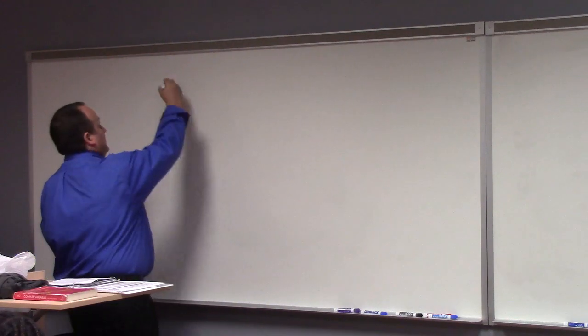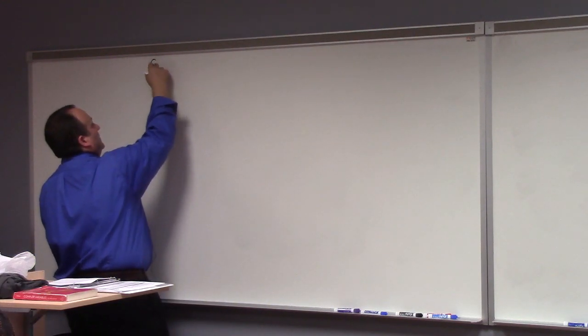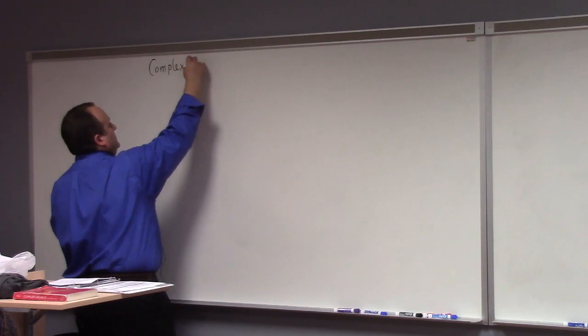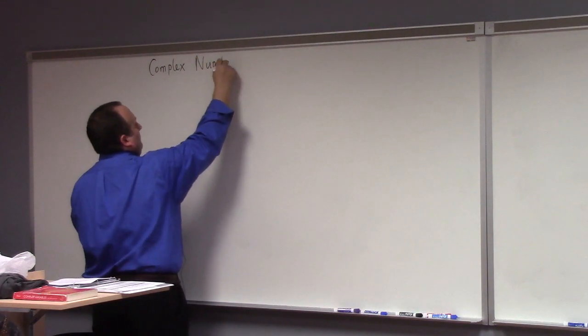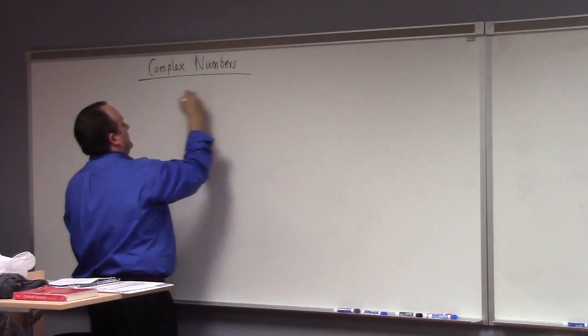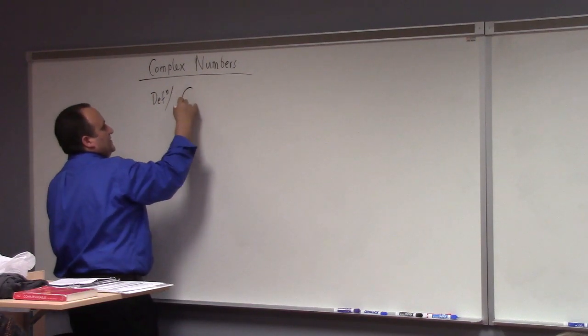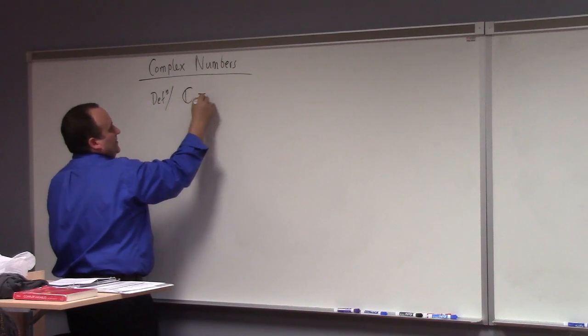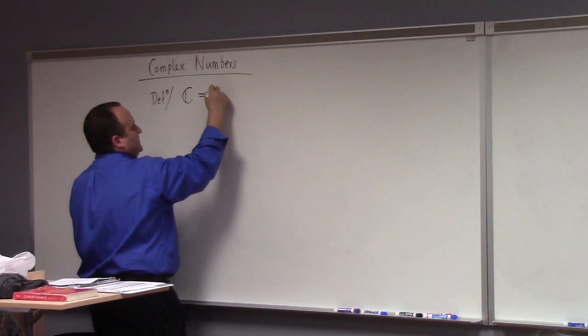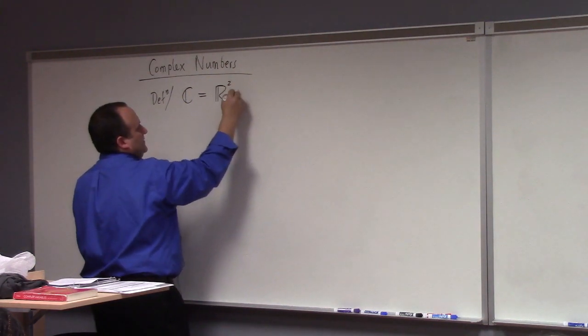So I'm just going to start with the definition of the complex number system. So here's the definition for us, the complex number system. I'll just get straight to it. It's going to be equal to R2 as a point set, all right?